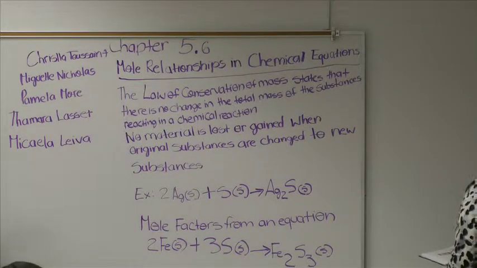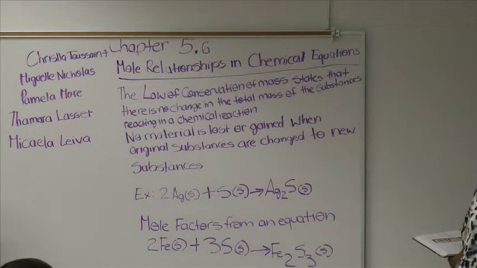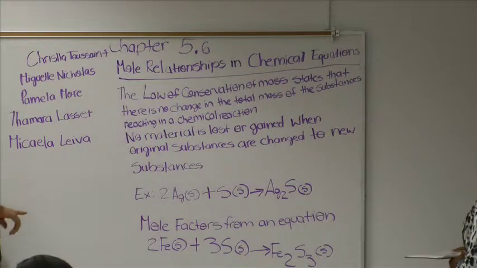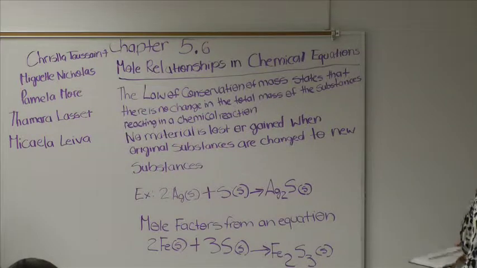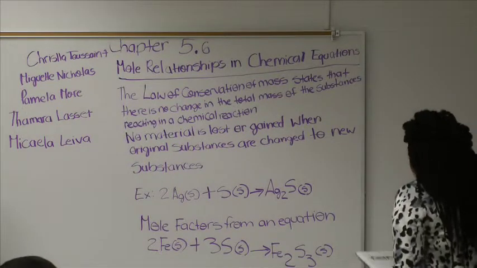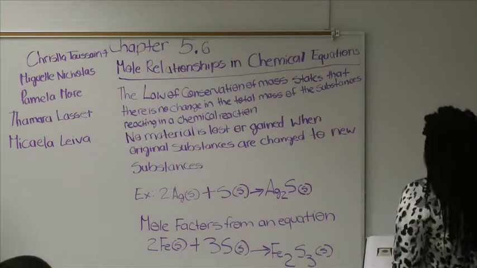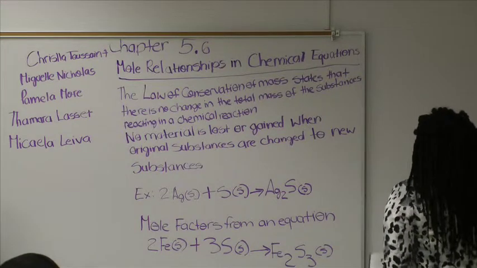And then they also talk about mole to mole factors in equations, which they're just saying technically that the ratio always stays the same, for example in the iron and the sulfur equation. And on page 194, you see that there's a chart available to balance the equation.